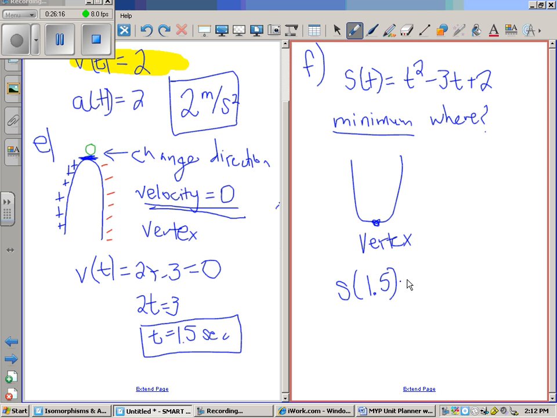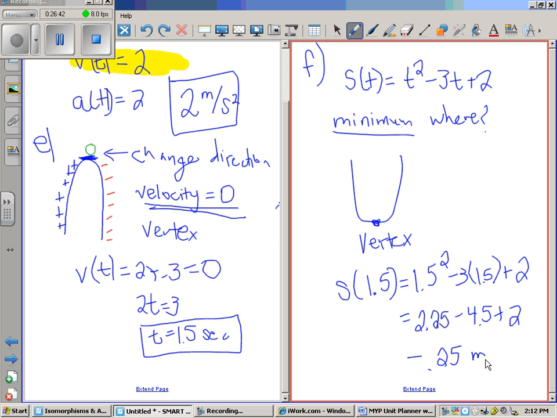S of 1.5 is 1.5 squared minus 3 times 1.5 plus 2. So this is 2.25 minus 4.5 plus 2. So this, I believe, is going to end up being negative 0.25 meters.